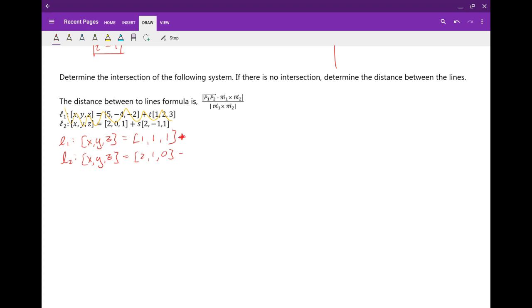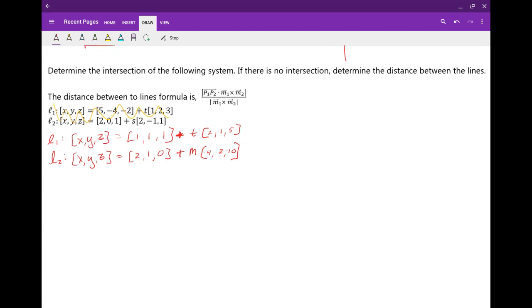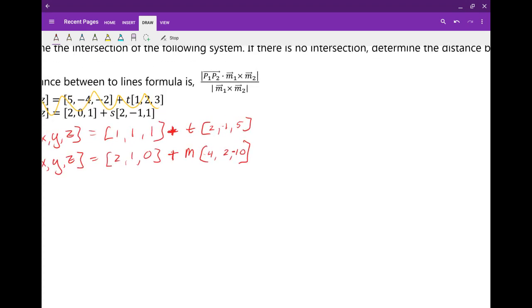I'm going to add a parameter of t and a parameter of m, and I'm going to make my slopes parallel. So this is like 2, 1, 5, and this is 4, 2, 10. I just built it so that they were parallel with each other. I'll even throw negatives in there: a negative 10, negative 4, and a negative 1.